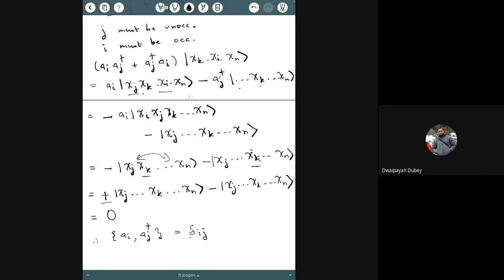So when I is equal to j, the anti-commutator has a value of 1, and when I is not equal to j, the action of the anti-commutator is 0, for all possible determinants. So this means that I can write AI AJ dagger as delta IJ.